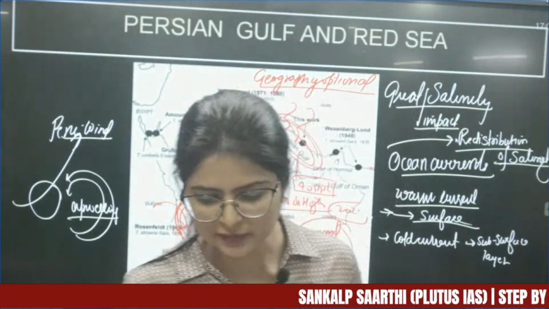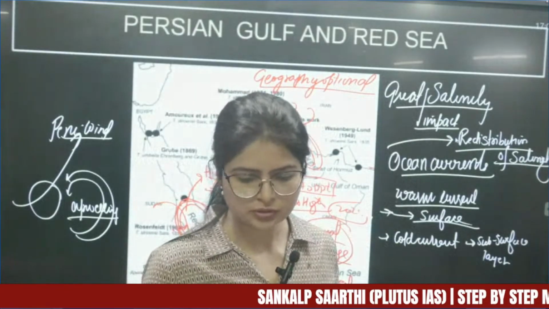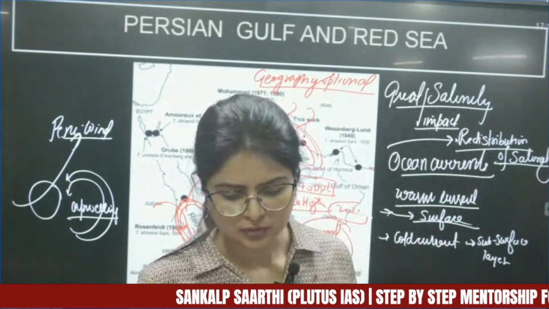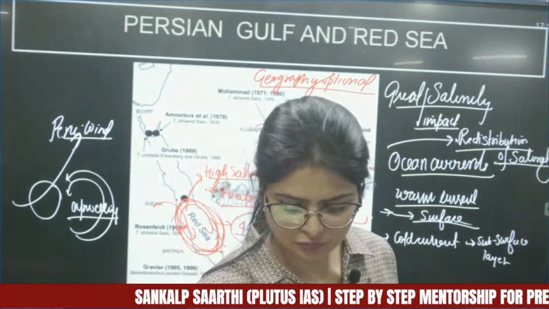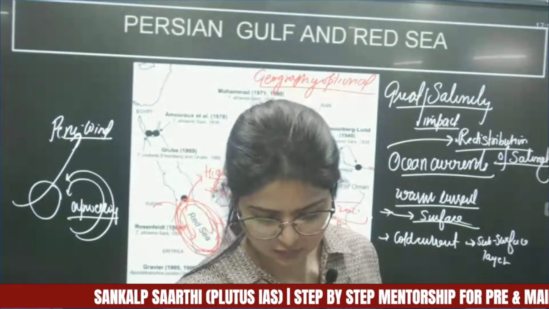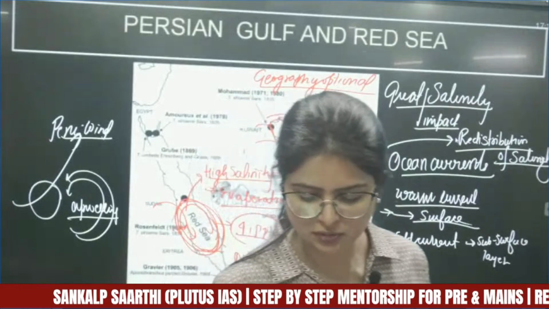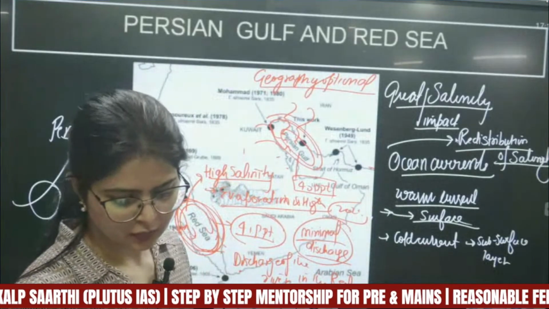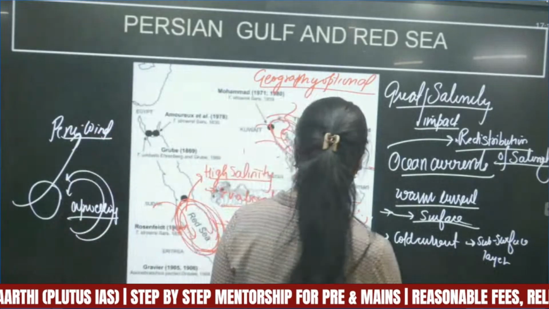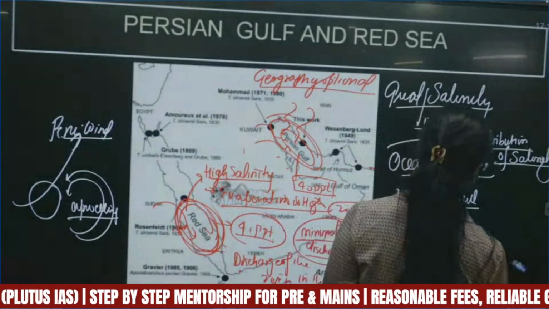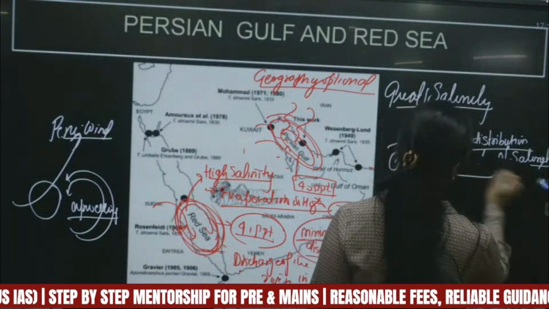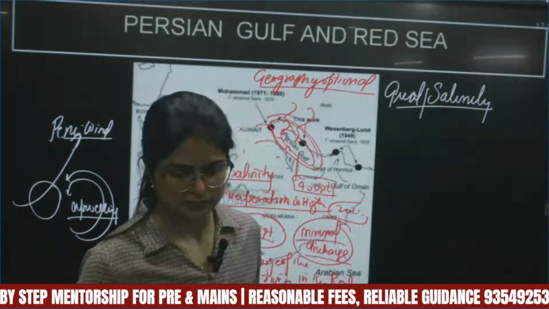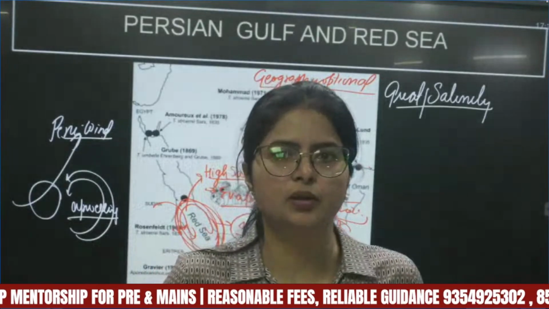The Gulf Stream carries warm, saltier water from tropical areas towards the North Atlantic, affecting the salinity patterns along its path.